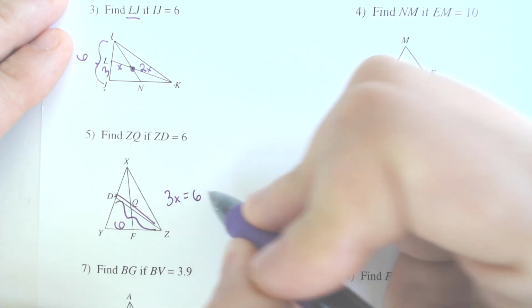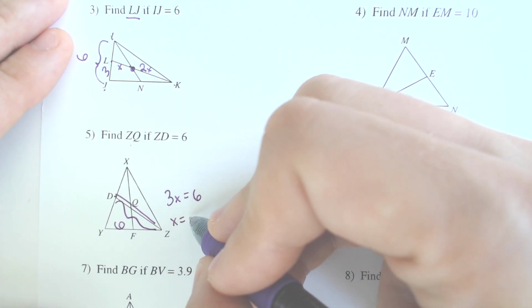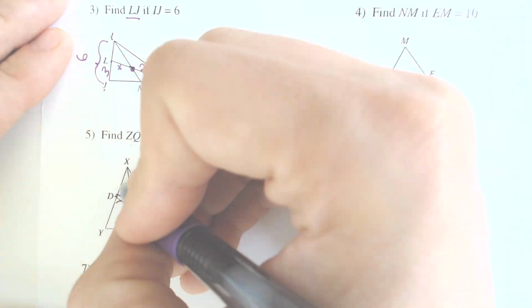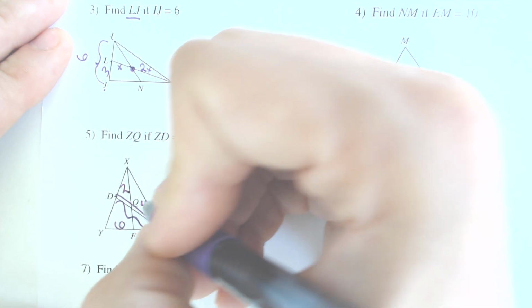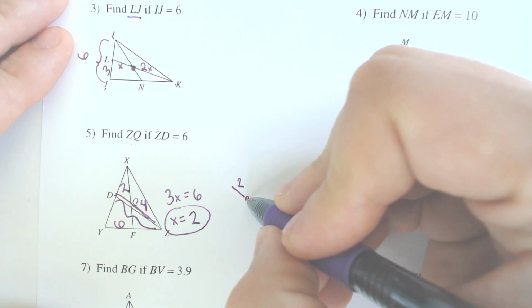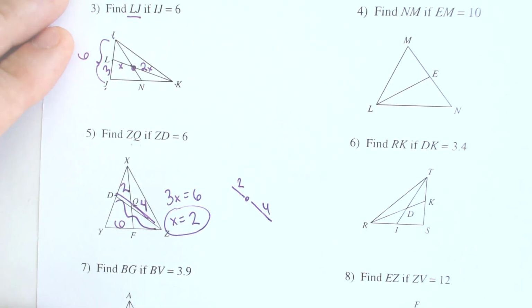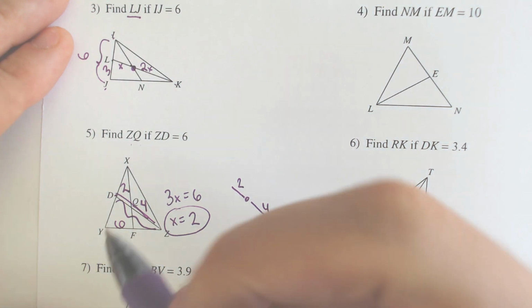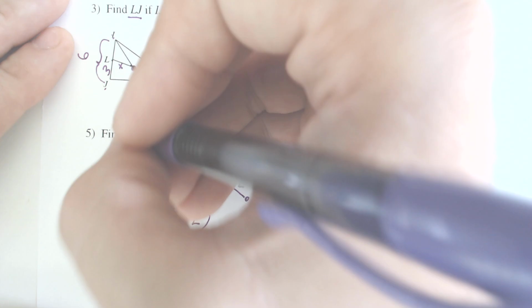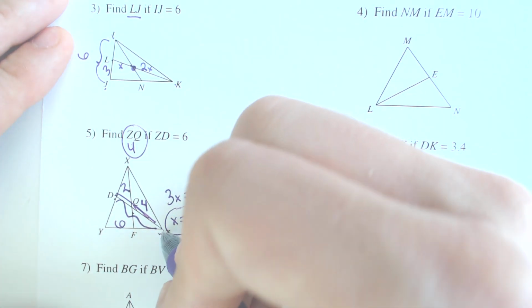So 3X is equal to 6, which means each individual part would equal 2 when you divide by 3. So that means this part is 2, but then this part would be 4. Okay, so 2 for this part, and then 4 make the 6 total. All right, and we are asked to find Z to D, which is 6, and Z to Q would be the 4 segment from here to here.